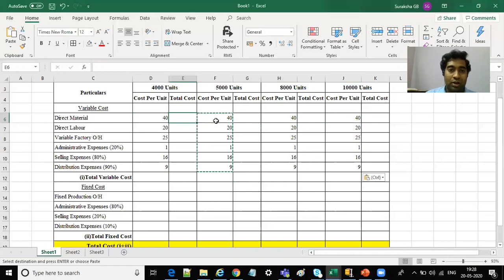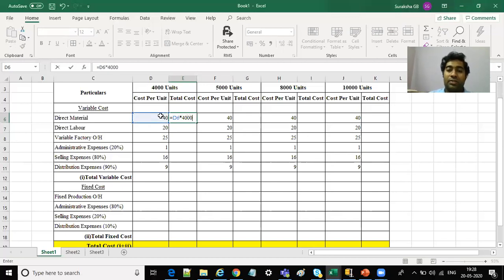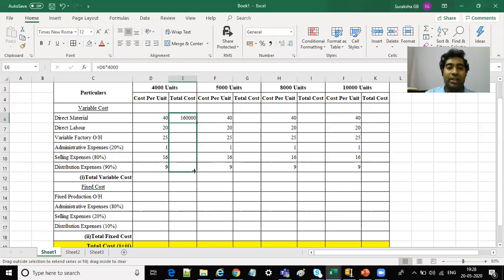So total cost will be calculated as cost per unit into 4,000 units. For all the items, you need to multiply the value with the 4,000 units because we are preparing the flexible budget for producing 4,000 units.